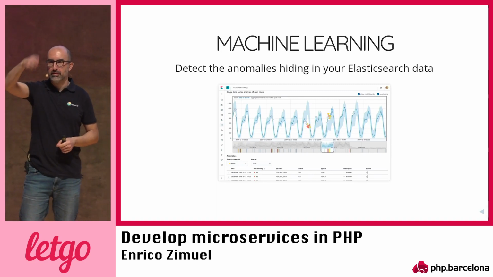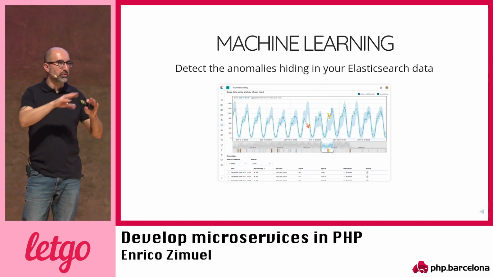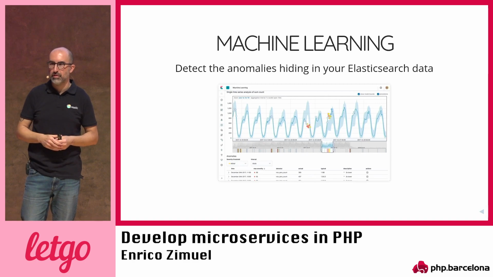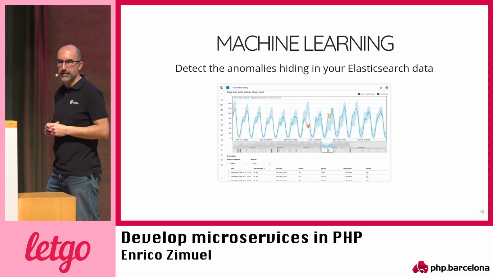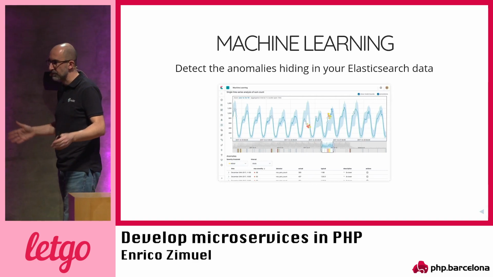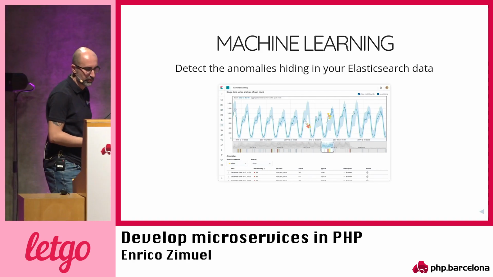You can have some peaks, right? This is a tool, machine learning, that is able to analyze the normal behavior of your trends, of your traffic, and just show you if something is unexpected. So maybe it's not a big deal, maybe it's an attack, maybe it's a bug, whatever, but this is an automatic tool, a very nice feature to have.